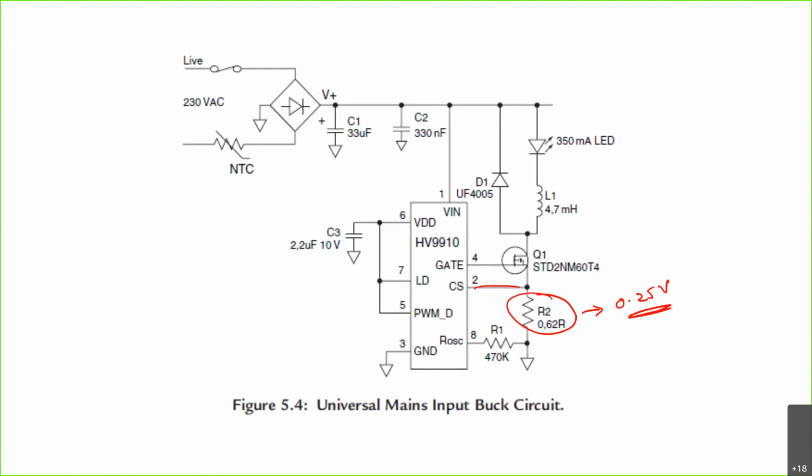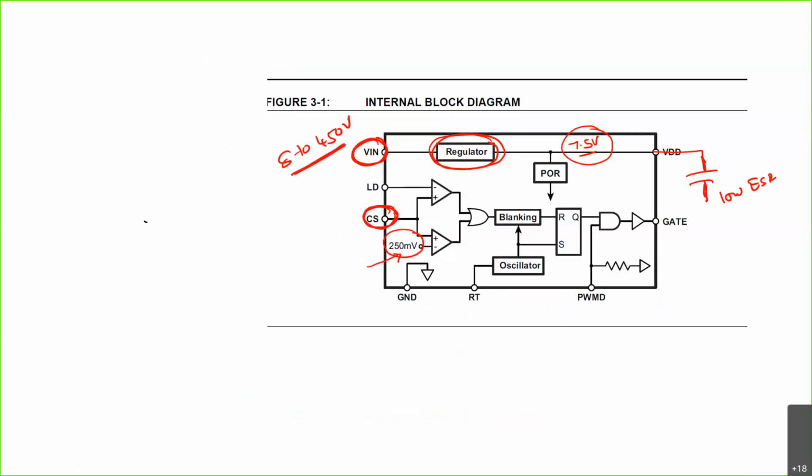Or you can connect an external resistance of your choice. That 250 millivolts is the voltage drop across the sense resistor. Here you can see it's an op amp. So what is this plus pin?